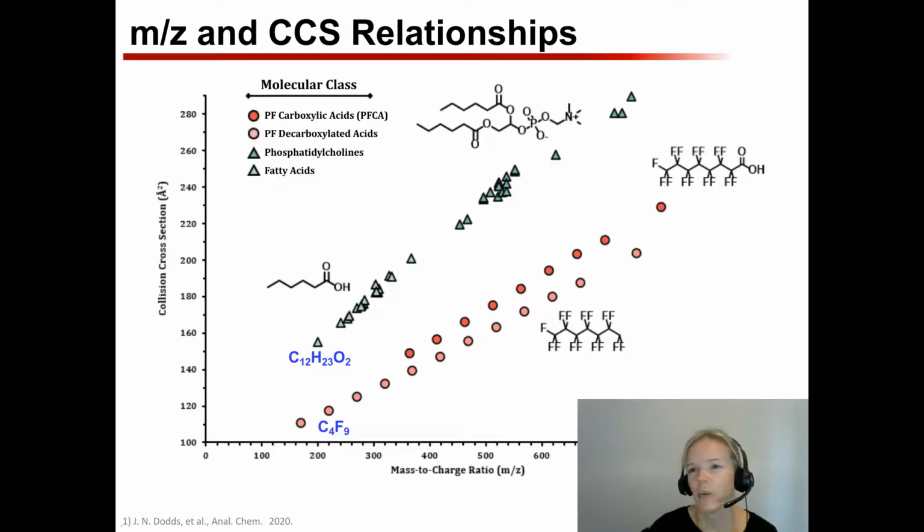If you look at that spot around M/Z of 200, for similar types of classes, we see for the PFCAs that we just have 4 carbons and 9 fluorines match something that has 12 carbons, 23 hydrogens, and 2 oxygens for a lipid species, because those hydrogens are only adding 1 Dalton. So you have a lot longer lipid, which is going to have a bigger cross-section than our shorter PFAS, but just because of that change in M/Z of those halogenated compounds, we're seeing that big shift.